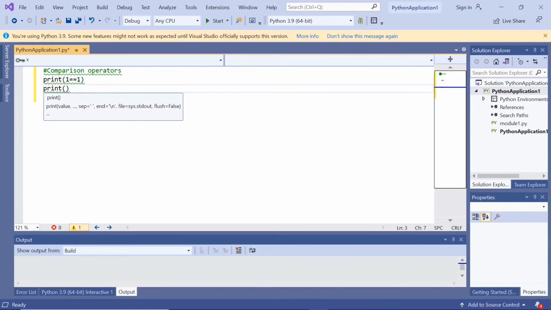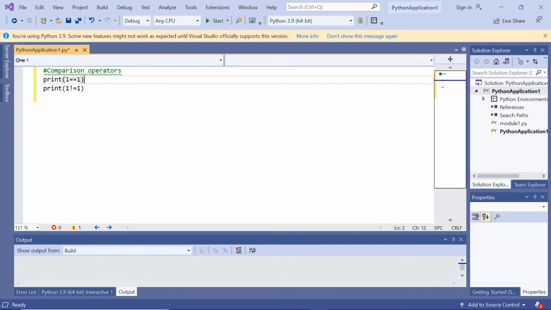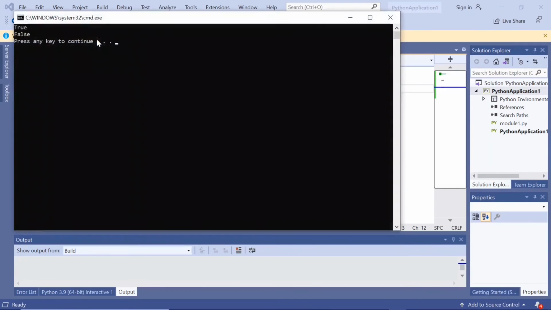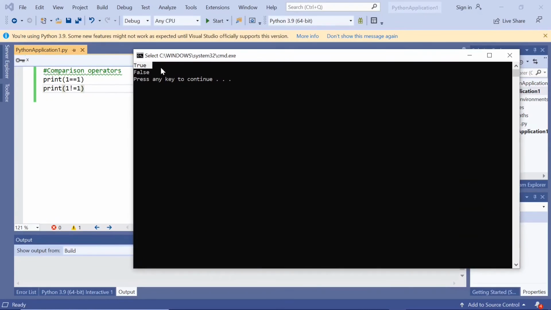Print 1 not equal to 1. This is equal to and this is not equal to. Let's see these two first. The first one, 1 equal to 1, is true, and 1 not equal to 1 is false.